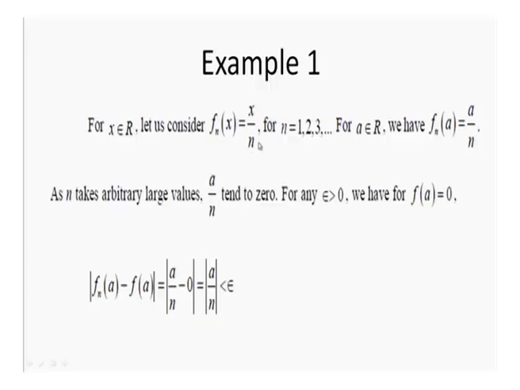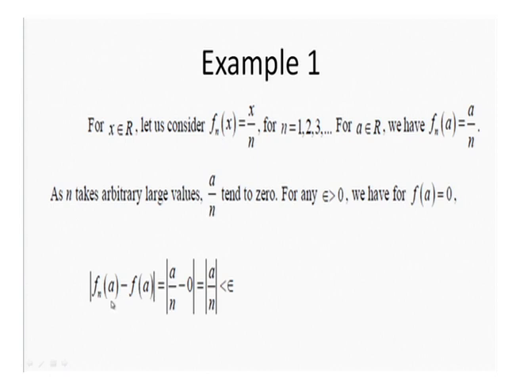Let us consider the functions f_n(x) equal to x by n. Here n is a natural number, that is 1, 2, 3 and so on, and x is a real number, and therefore we get a sequence of functions. As n goes to infinity, we know x by n goes to 0. So we may expect f_n(x) converges to the 0 function.